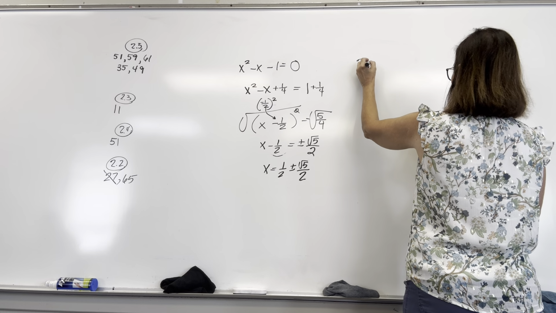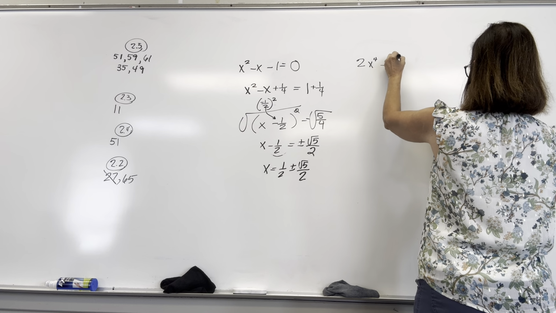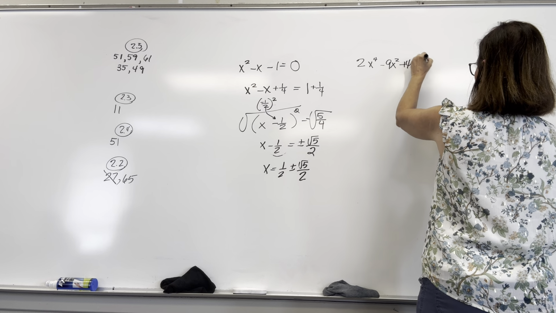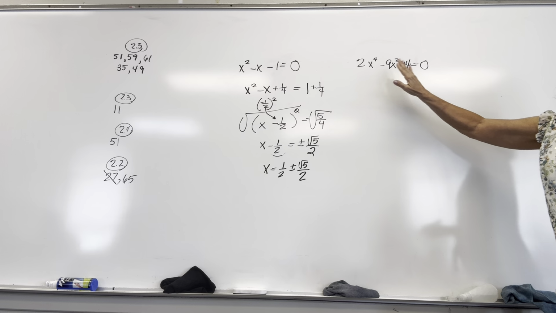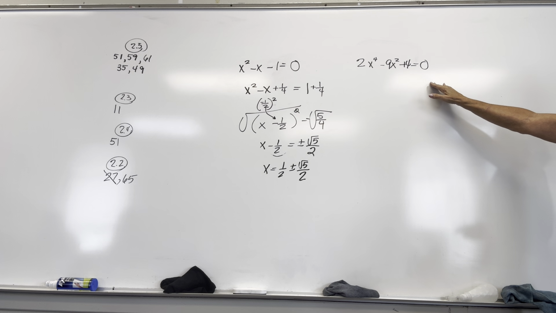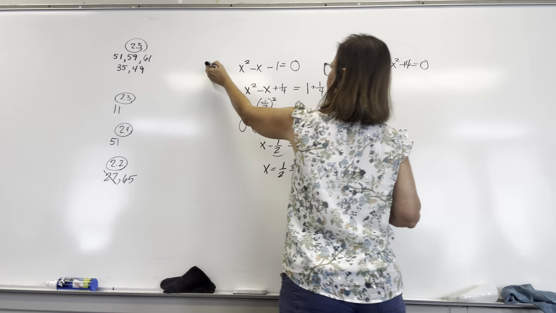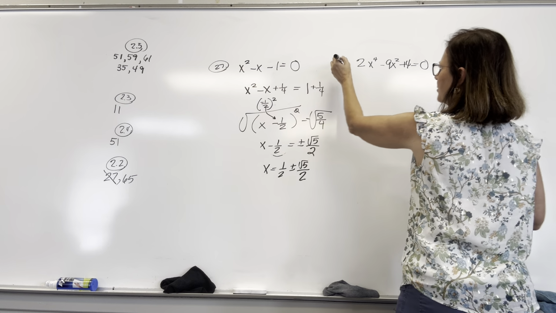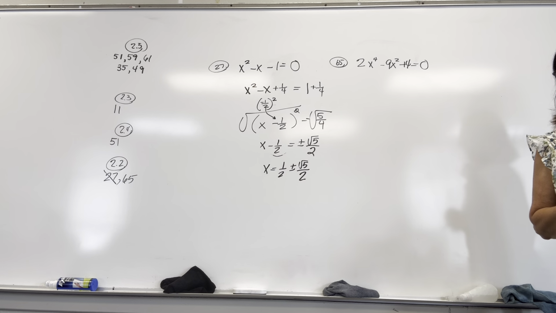It's y in your book. x to the 4th minus 9x squared plus 4 equals 0. So when we have terms to the 4th, the 2nd, and a constant. This was number 27. When I video, I should always write the problem number by it. Makes it easier for y'all to go back and see it.